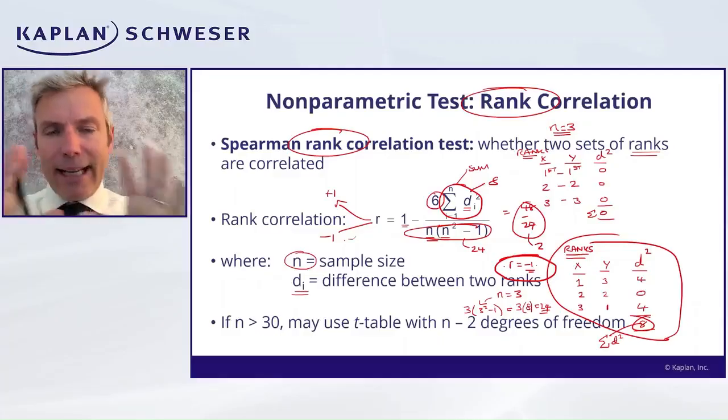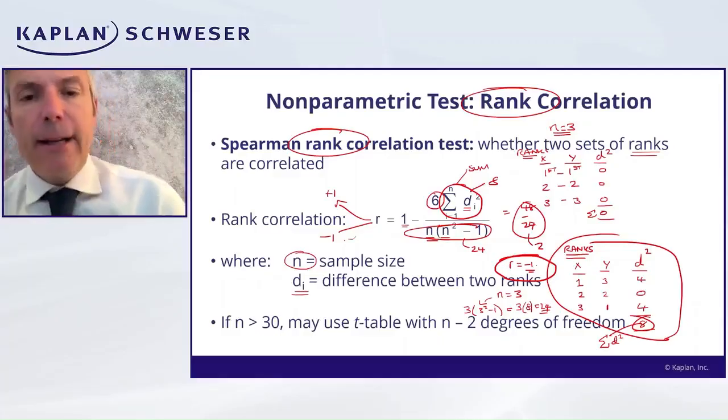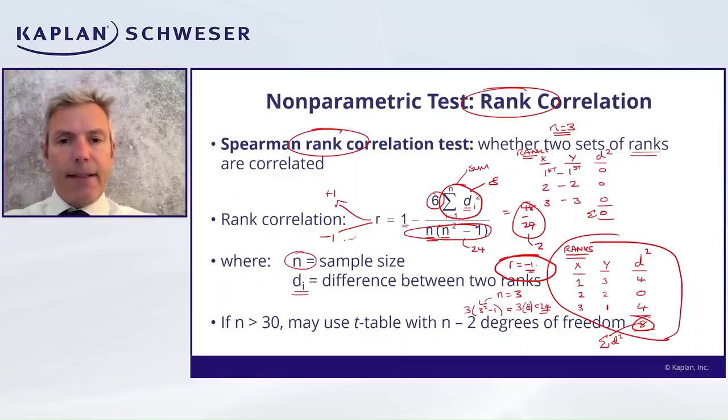So it's rather arcane and feels like it's appearing from nowhere. But this 6 and this n times n squared minus 1, what it's really doing is adjusting the sum of d squareds such that it's a number that can sit essentially between 0 and 2. It's at 0 when all of the d squareds are 0, trivially, and gives you a correlation coefficient of +1.